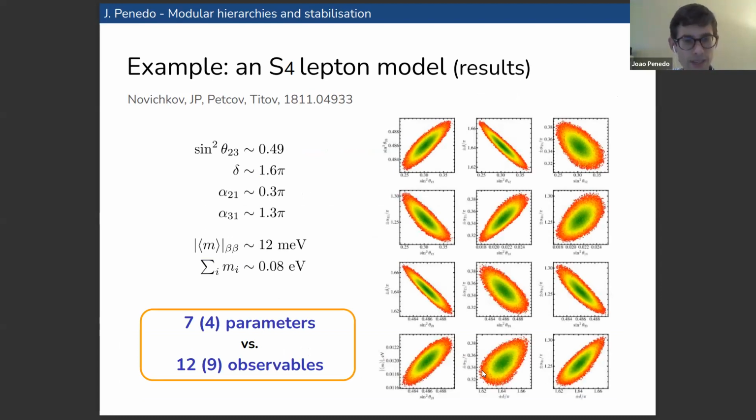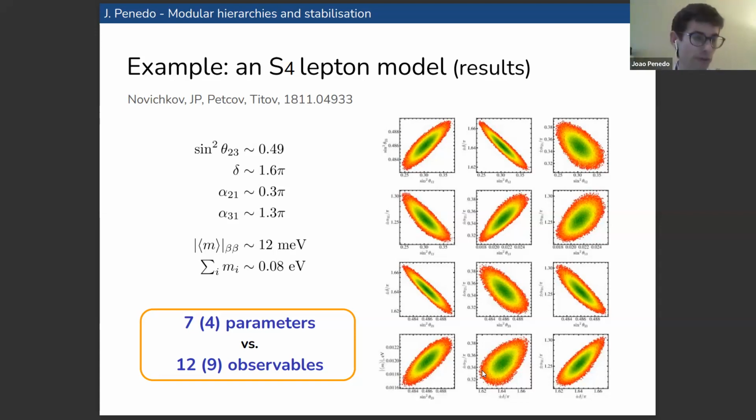Majorana effective mass. And as I told you, we can constrain the masses of the neutrinos themselves. So in this case, we found that the sum of neutrino masses was 0.08 electron volts, with some correlations between the observables. So if you increase precision, you could in principle rule out this model. And we did this by using 7 parameters, 3 of which were the charged lepton masses.